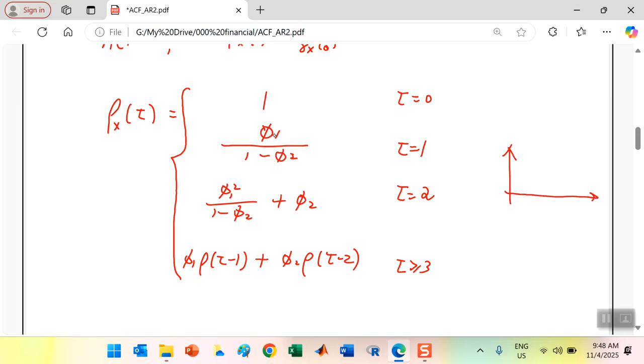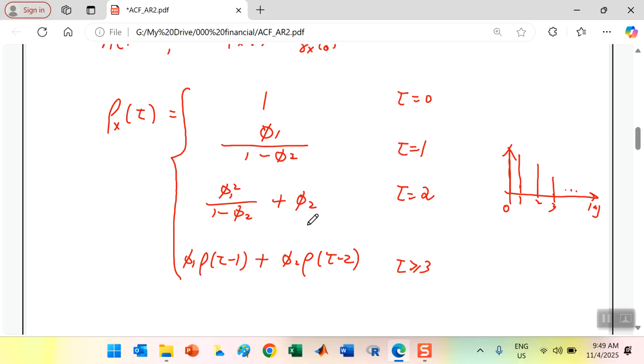So if your phi 1 is 0.5 and phi 2 is 0.3, let's say, then you substitute, and this value definitely will be smaller than the previous one. Okay, so if this is your lag or your tau is 0, then you always get 1. Right? So 1, then you follow this coefficient, 2, 3, and so on and so forth.